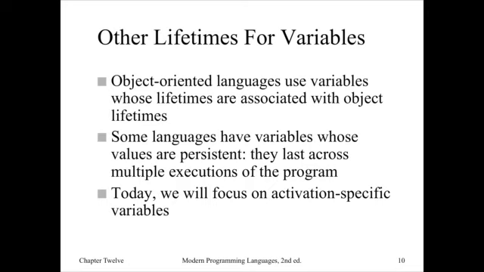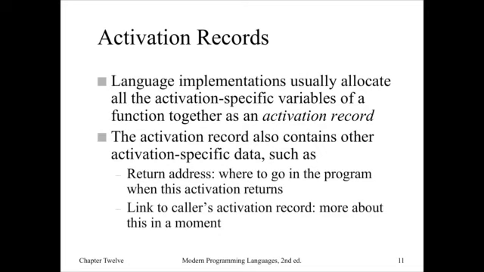But in any case, in this series of podcasts in chapter 12, we're focusing on the activation specific variables, the kinds of variables that are allocated when the function is called. That's really what we're talking about.